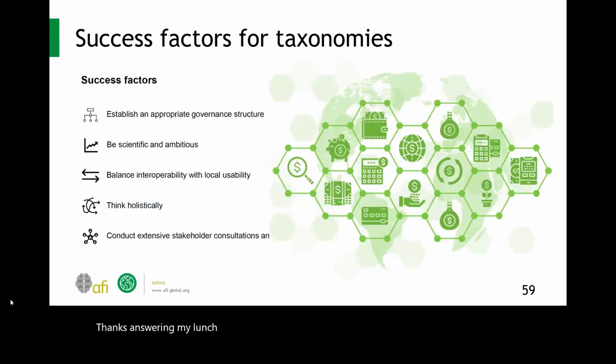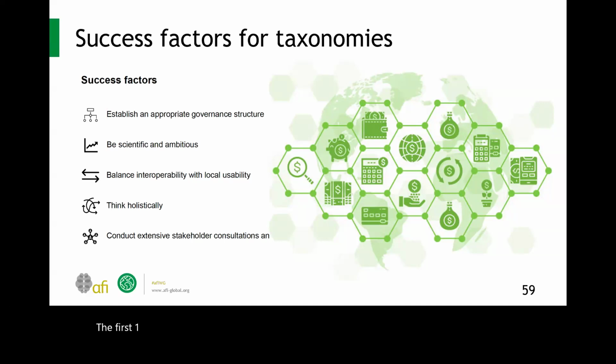So here I'm going to share the lessons learned in terms of what success factors contribute to having a green taxonomy in any country. The first one is to establish a proper governance structure. My prior presenters have mentioned this and emphasized that a governance structure is important.